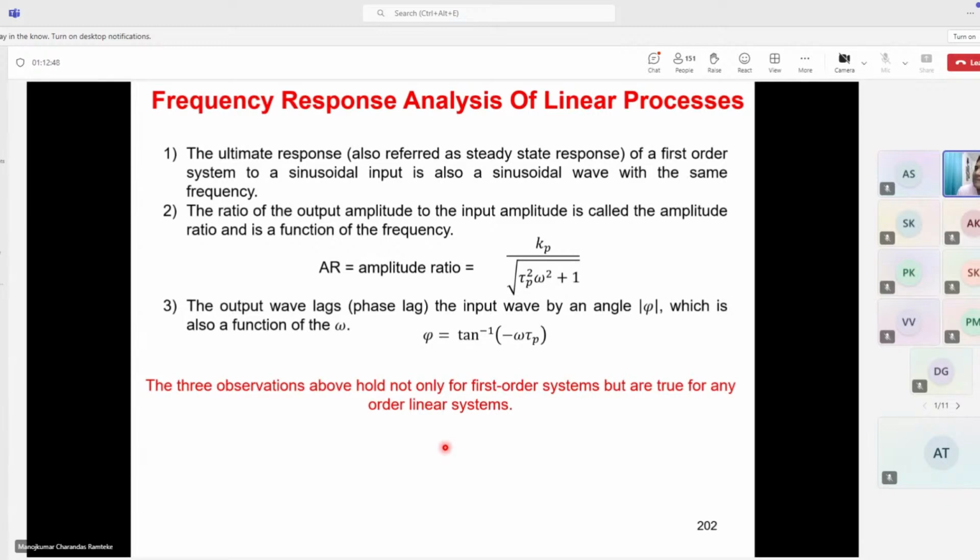Now we are going to see a generalized analysis, and then we can conclude that similar conclusions hold even for general linear multi-capacity processes. That is what we are going to prove.